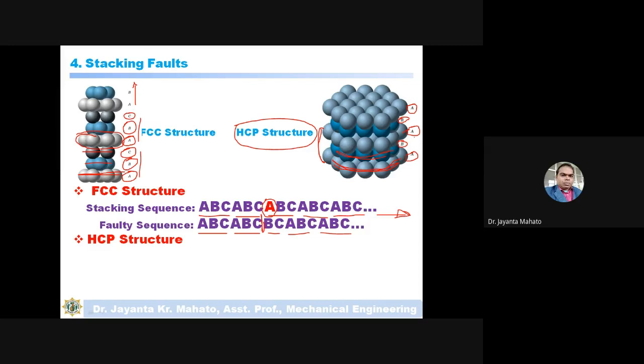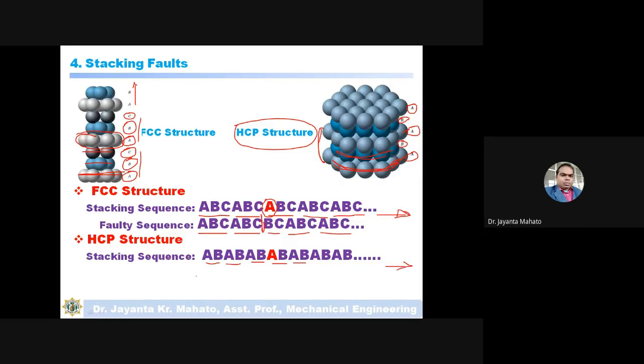In a regular stacking sequence, the sequence is first A and B, meaning the plane containing A type of atoms, then the plane containing B type of atoms, then A, and again B. So the sequence is AB, then again AB, AB, AB, like this.